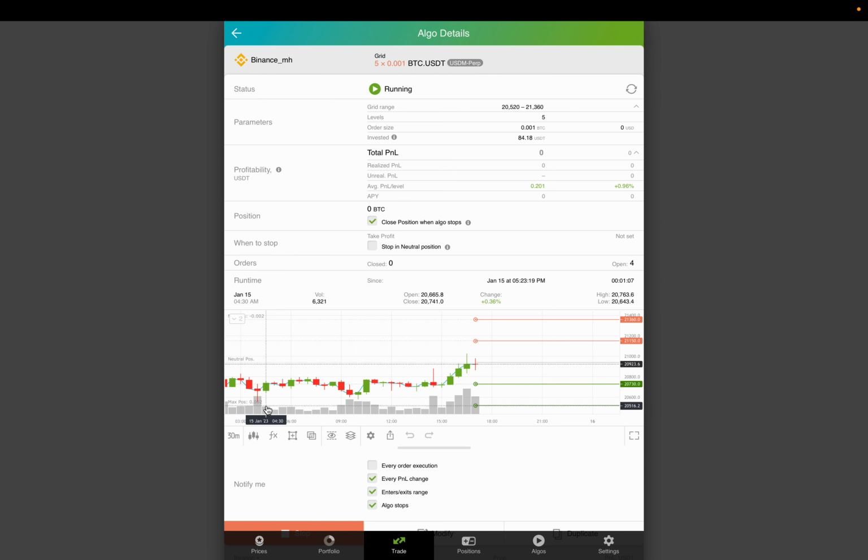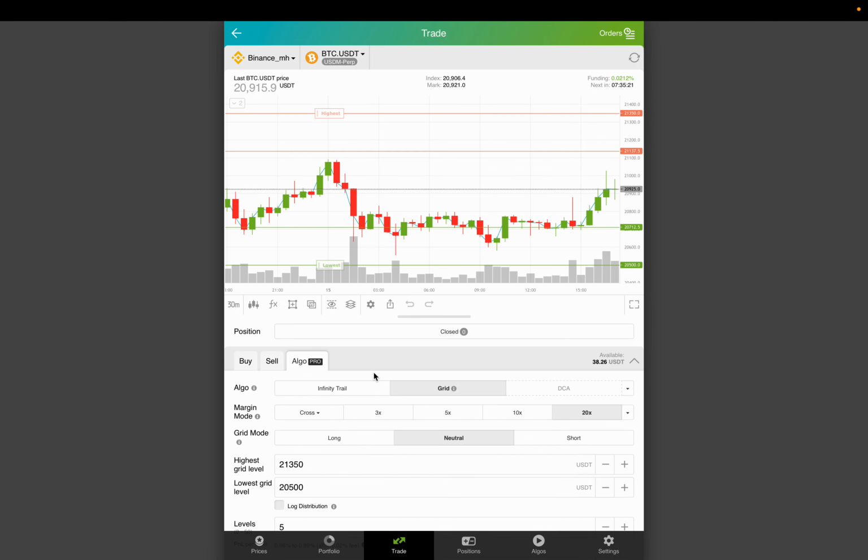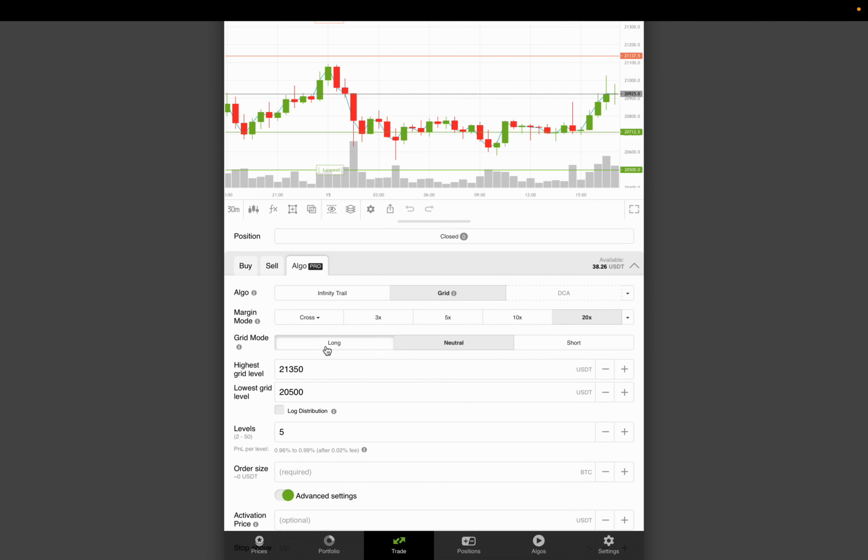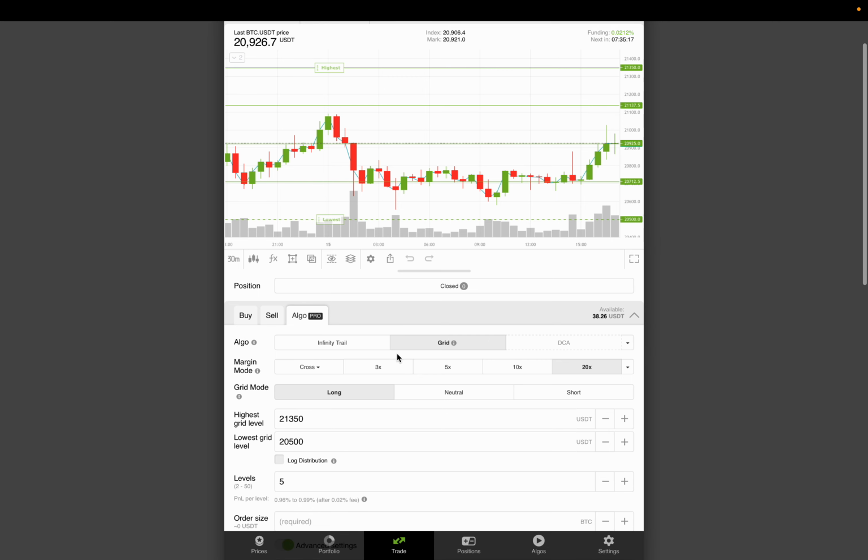Let's go back now and see what actually happens when we try to place a long grid. Once you switch from neutral to long, you will immediately notice that the sell orders of the neutral grid above the market price turn green when you make it long.